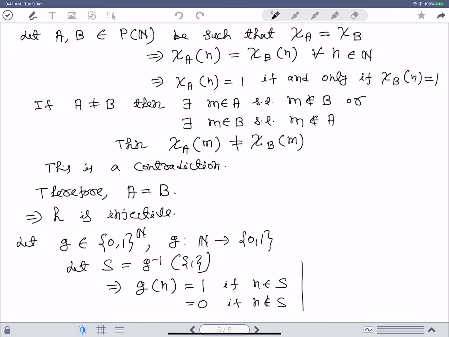And what is chi of S? Now chi of S is a function from n to {0,1}, and chi of S at n is 1 if n belongs to S, and equal to 0 if n does not belong to S, right?